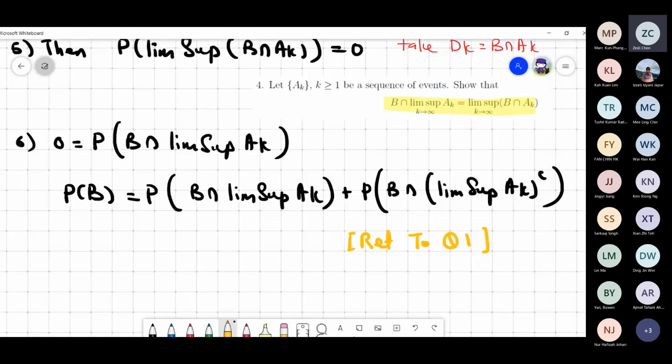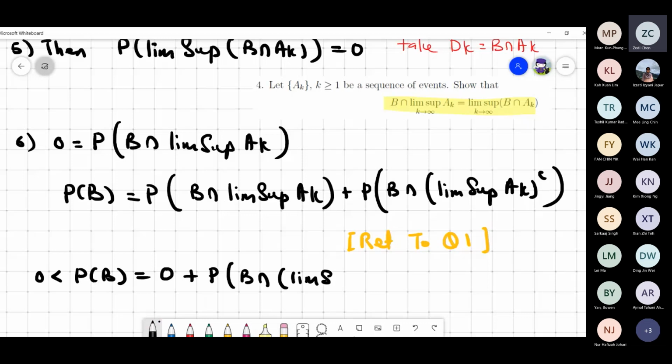So refer back to question 1. And this is 0. Then I'm going to have P(B) equal to this, and this is 0, plus this one. So which means this is greater than 0.